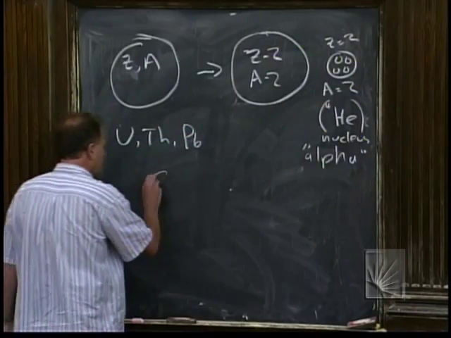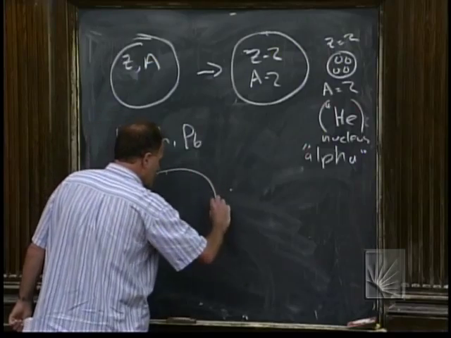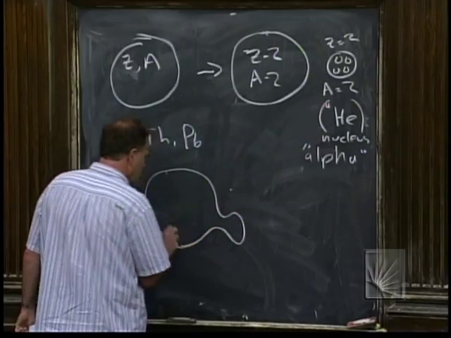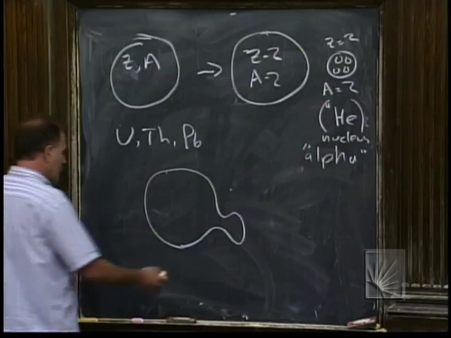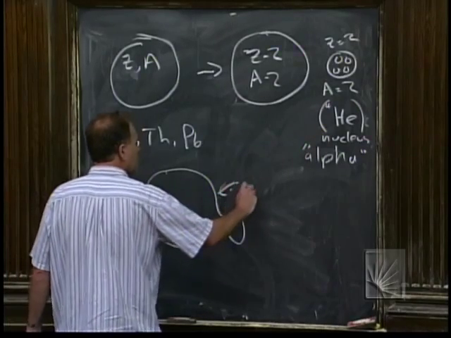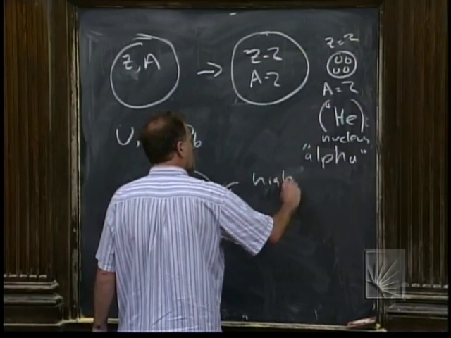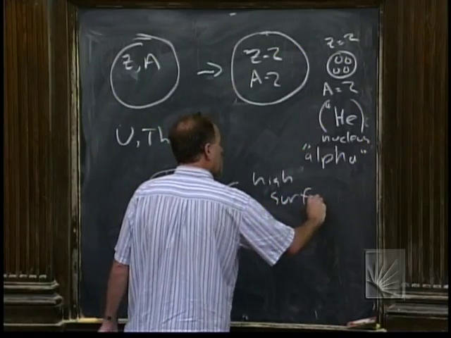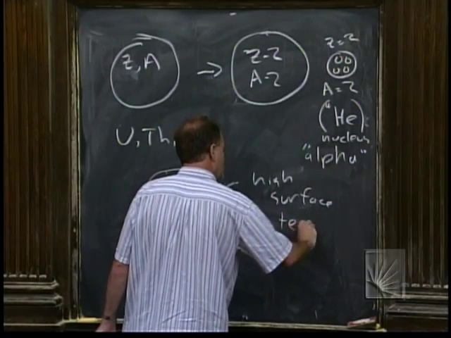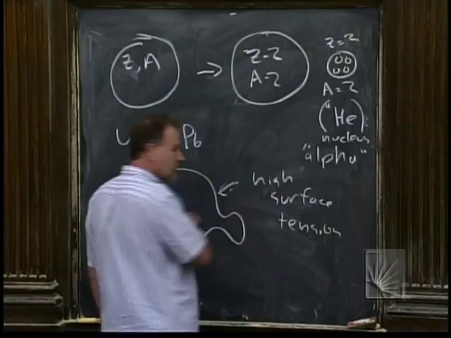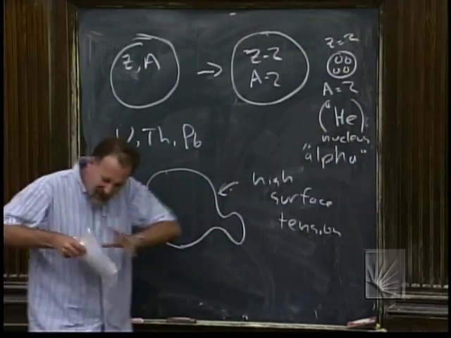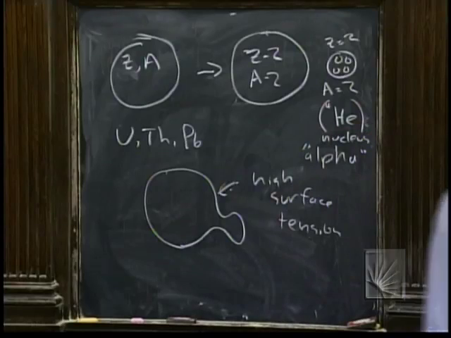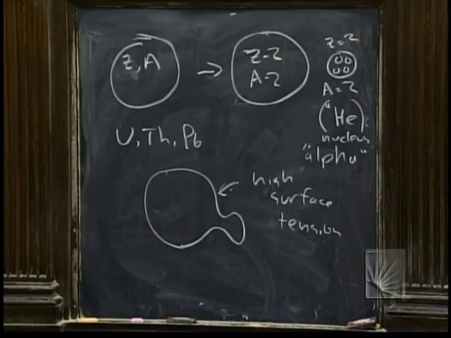Well, it turns out that the intermediate state, right before it splits apart into two, has a high surface tension, if you will, and the nuclear strong force. And that's an unfavored state.